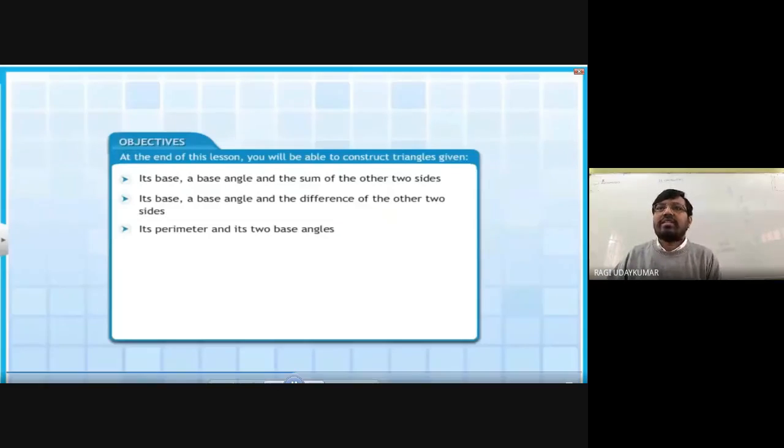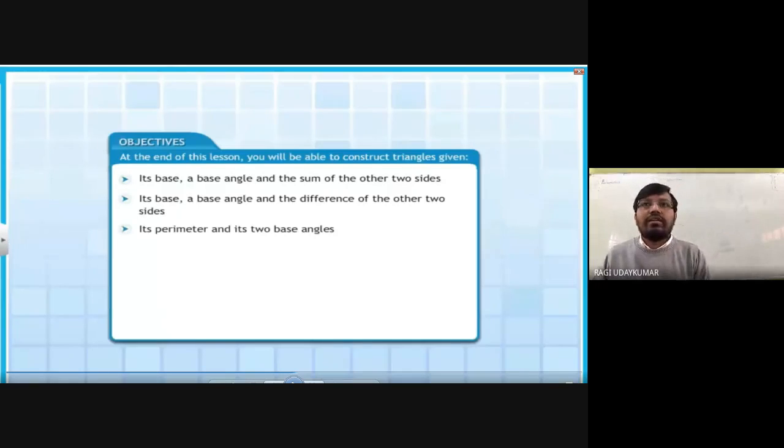Here, whenever the question is given to you with the base, base angles and sum of the other two sides, or base, base angle and difference, it is normal construction of triangles, which you know. How do we normally construct triangles? We know that.